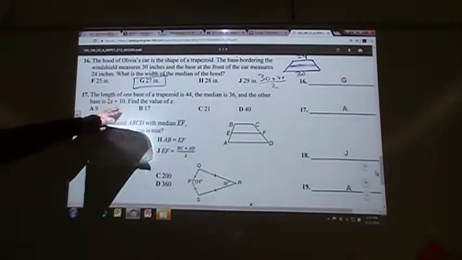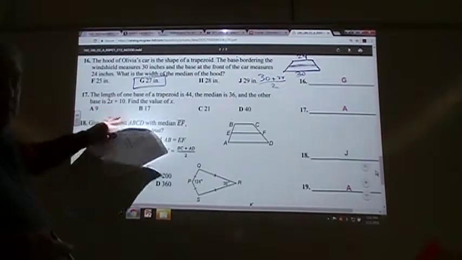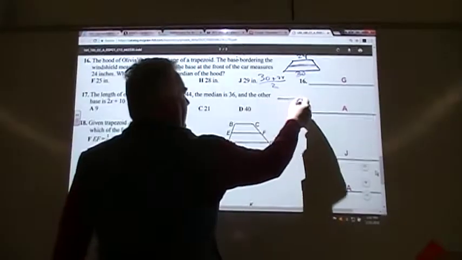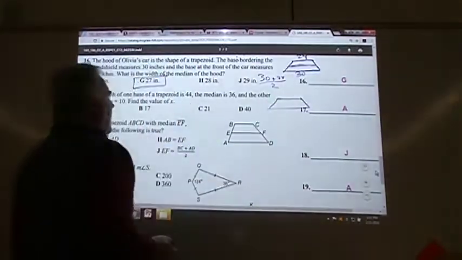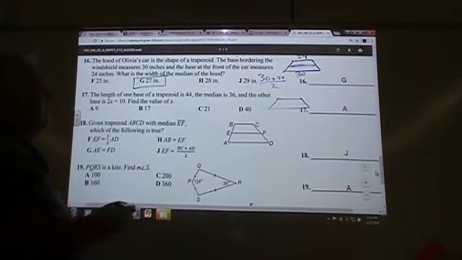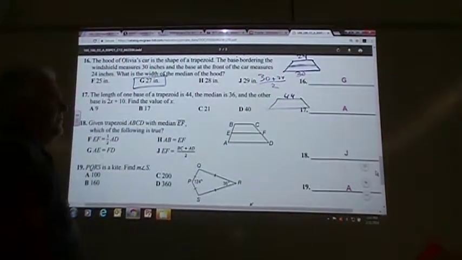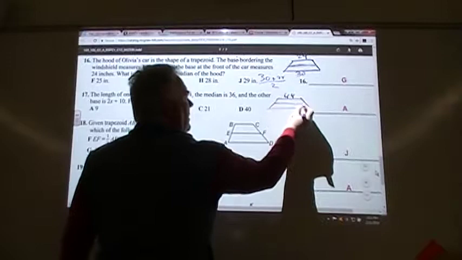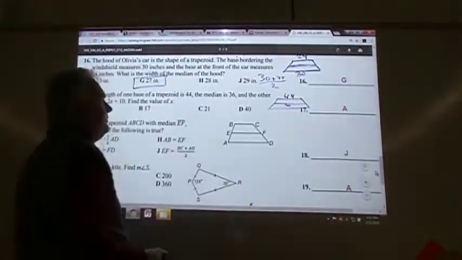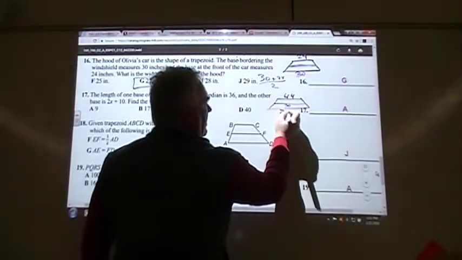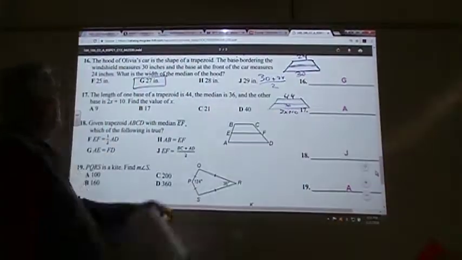This one is similar. 17, kind of similar. The length of the base of a trapezoid. So let's make the figure. There we go. One base is 44. The median is 36. And the other base is 2x plus 10. Solve for x.